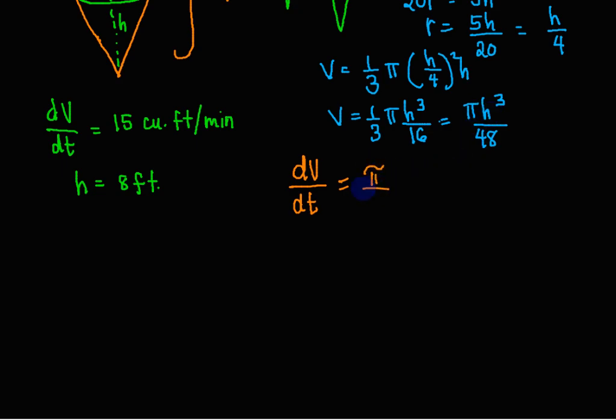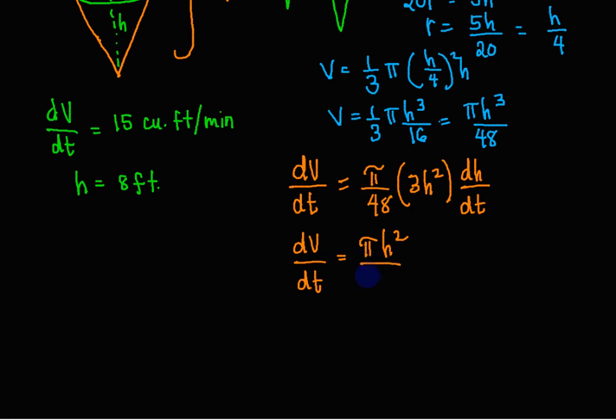Derivative of h cubed is 3h squared times the derivative of h with respect to time, implicit. So dV/dt is equal to 3 over 48, which is 1 over 16. So pi h squared over 16 dh/dt.